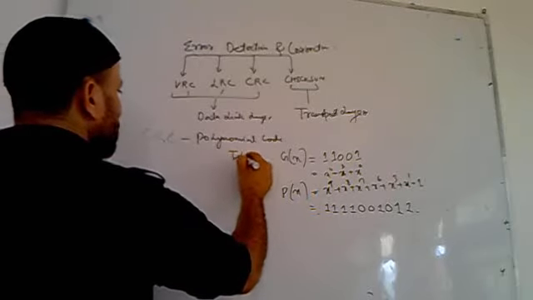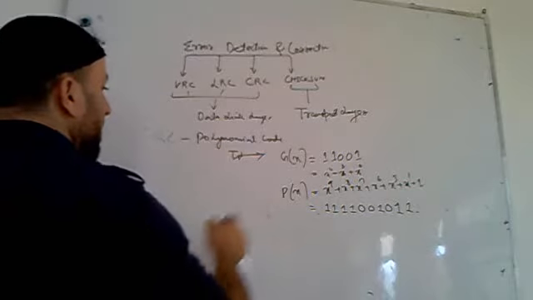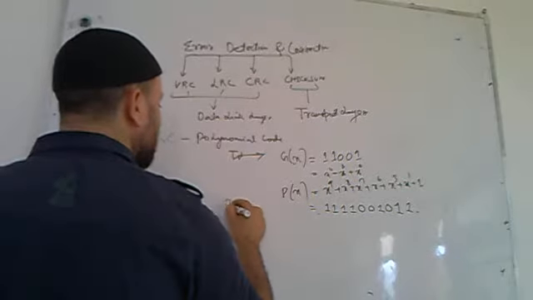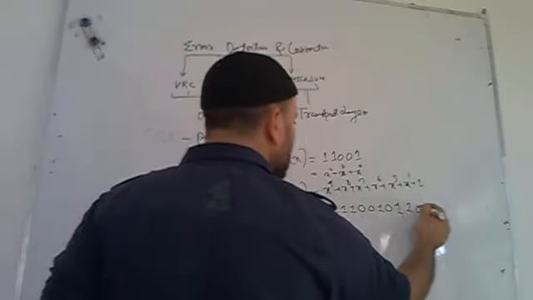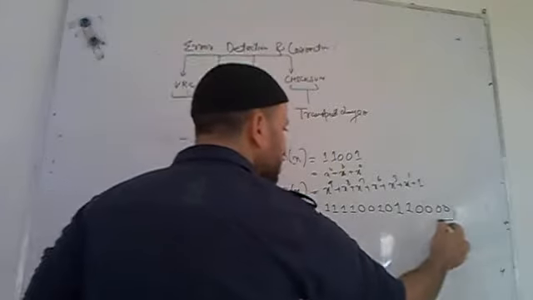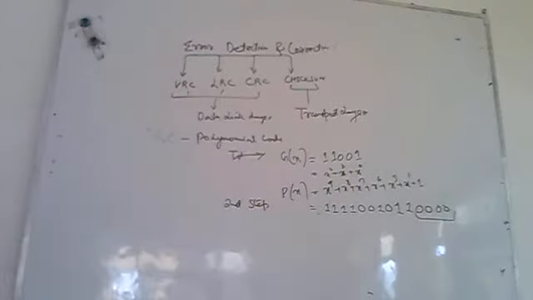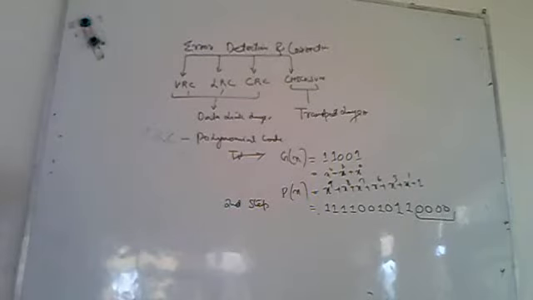The first step is to see what the generator polynomial is. In the second step, what do we do? We will add 4 zeros. 1, 2, 3, 4 zeros. I will add these to my data, to the p of x. Now g of x into p of x means I will divide p of x with g of x. So I have to divide it.